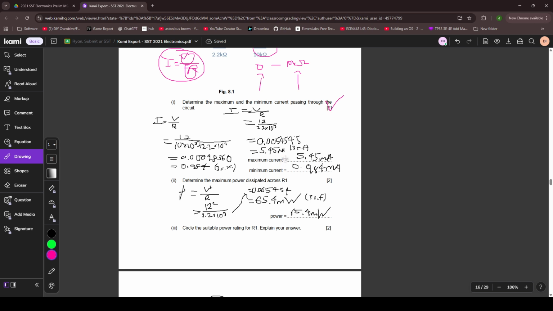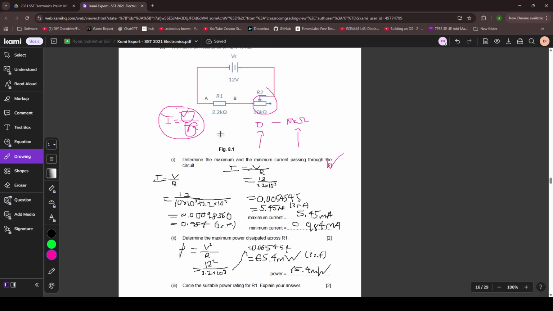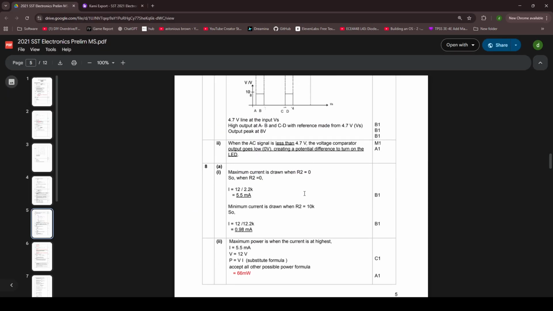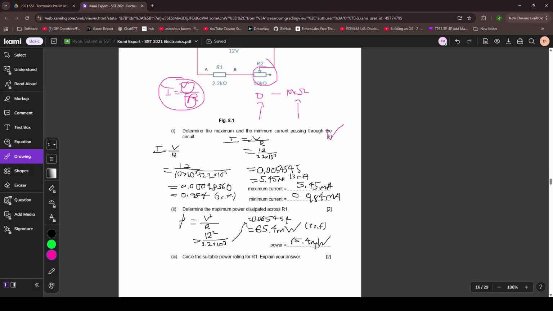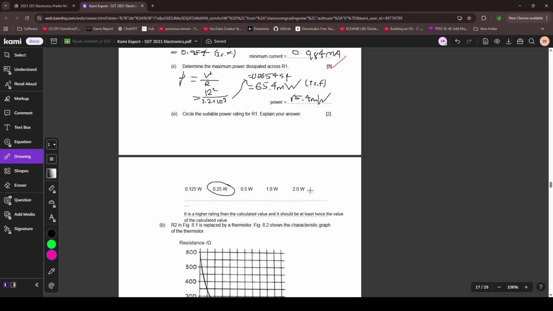Determine the maximum power dissipated across R1. Again, it's just using equations. We know that the equation is P equals V squared over R for power. Plug in the values and then you should get it. Don't forget to convert your prefixes, and this is right, yes. Circle the suitable power rating for R1.